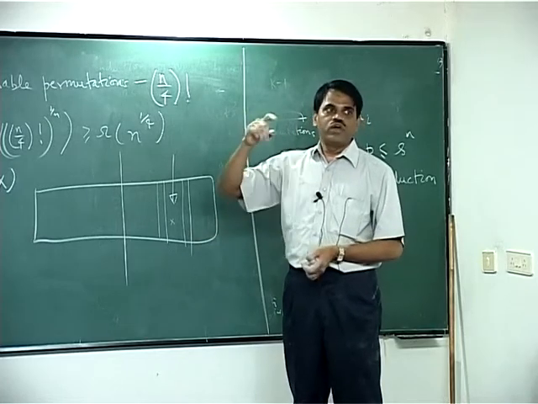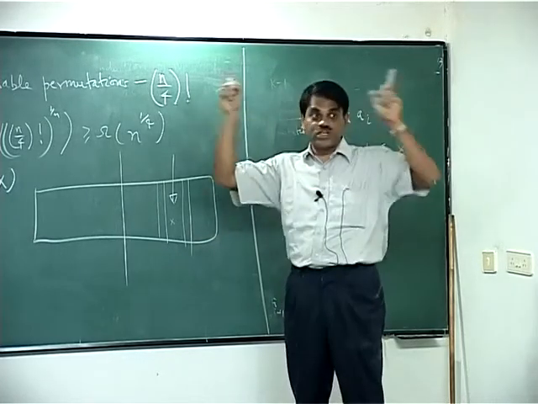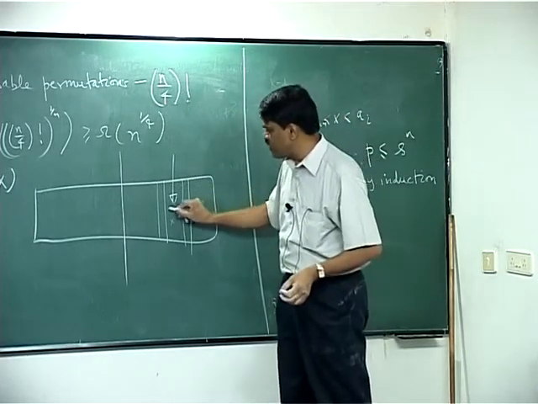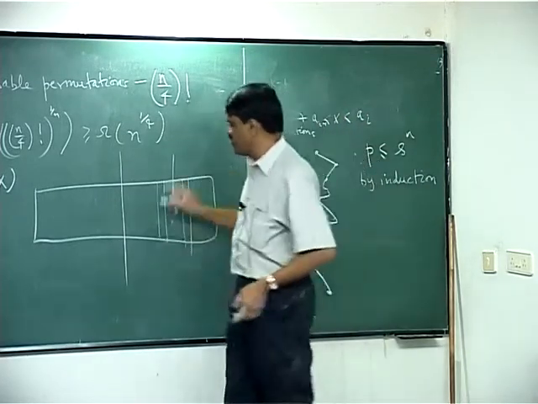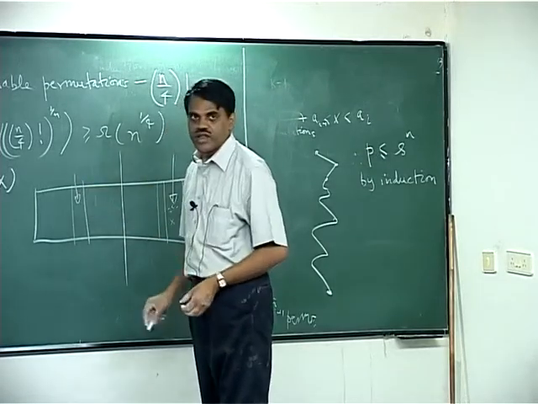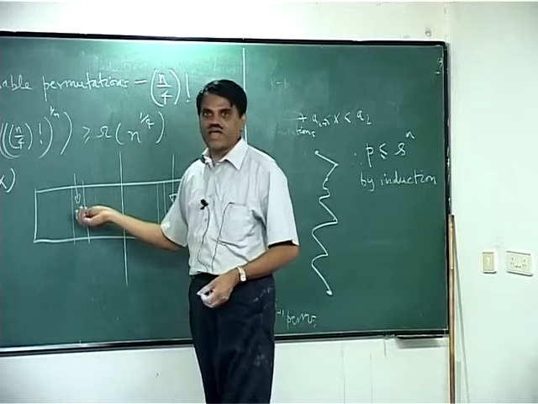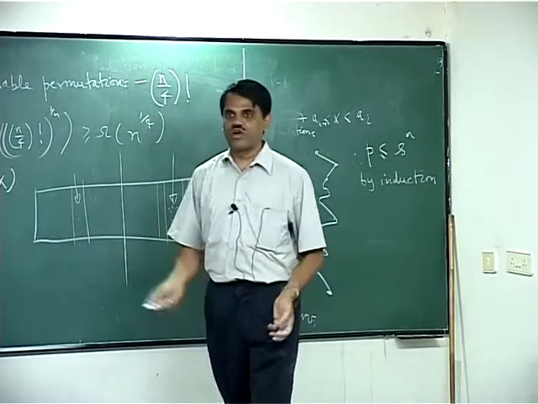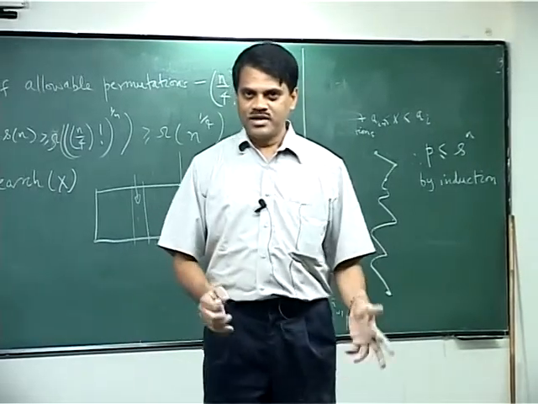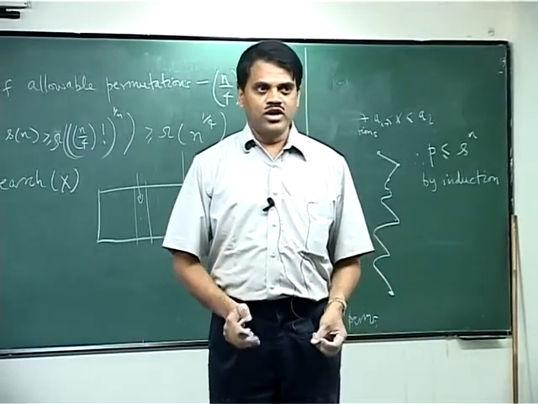That will tell you the location of this element in the original sorted array. So if 25 was sitting here, when you do a binary search, it's going to say this is where it should have been. Now I go there and check, is x there? If x is there, then I know it's there, otherwise it's not there. Two binary searches. So you can do it in logarithmic time.